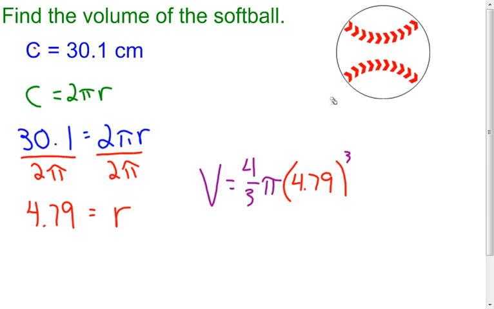When I get done, I find out that the volume of my pyramid, or excuse me, the volume of my sphere is 460.52 cubic centimeters. So that tells me if I had 1 centimeter by 1 centimeter by 1 centimeter cubes, I'd be able to fit 460 of them inside of a rubber softball that has a circumference of 30.1 centimeters.